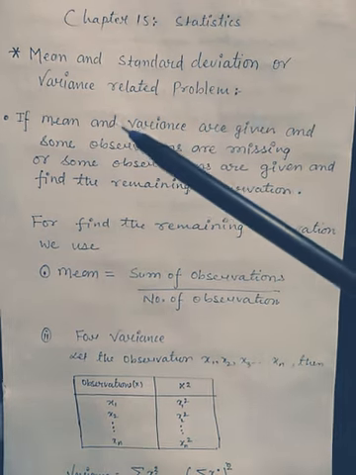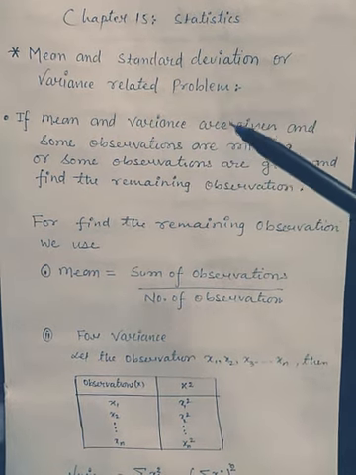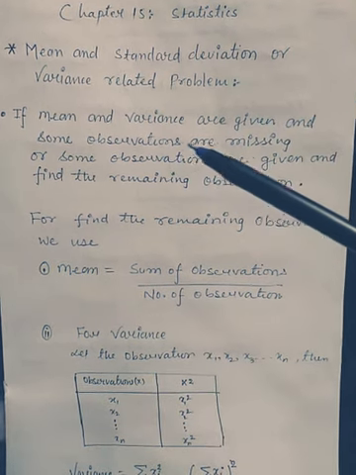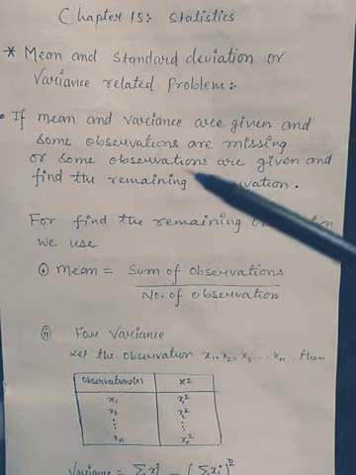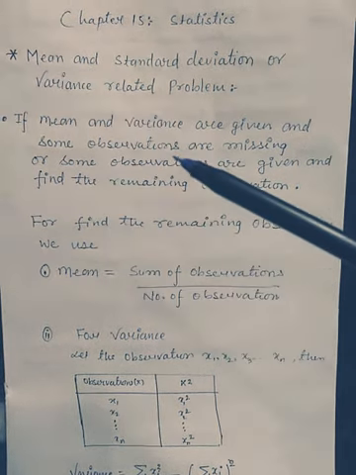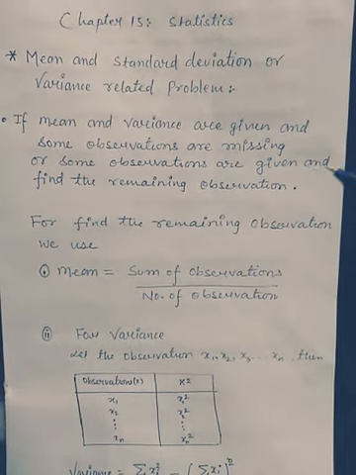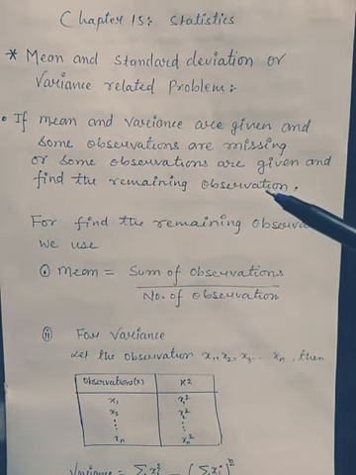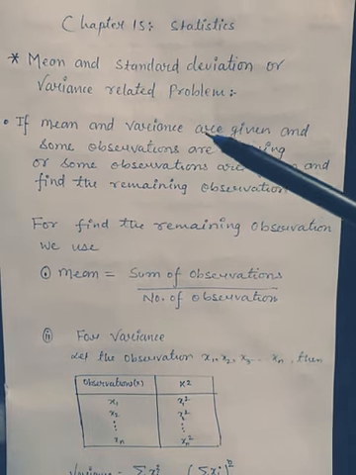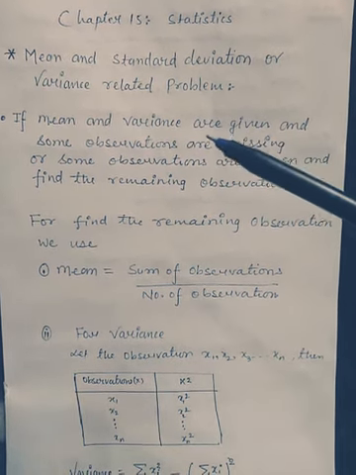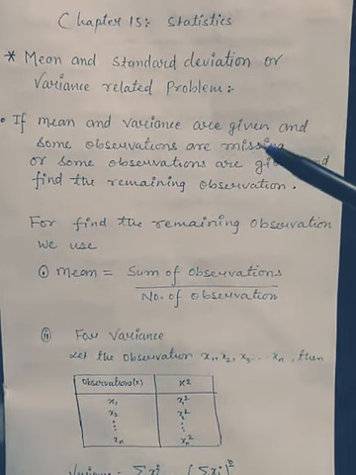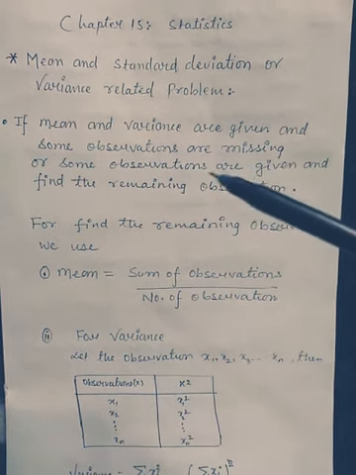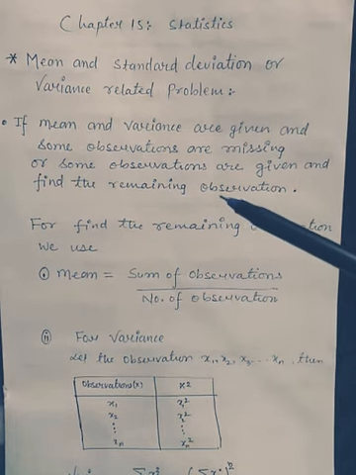If mean and variance are given and some observations are missing maybe, or some observations are given and find remaining observations. हो सकता है हमें मीन एंड वेरिएंस किसी क्वेश्चंस का गिवन हो और उसमें से कुछ टर्म मिसिंग हो, या हो सकता है कुछ ऑब्जर्वेशन आपको प्रोवाइड किया जाए और आप कहा जाए कि रिमाइनिंग ऑब्जर्वेशंस फाइंड करें.